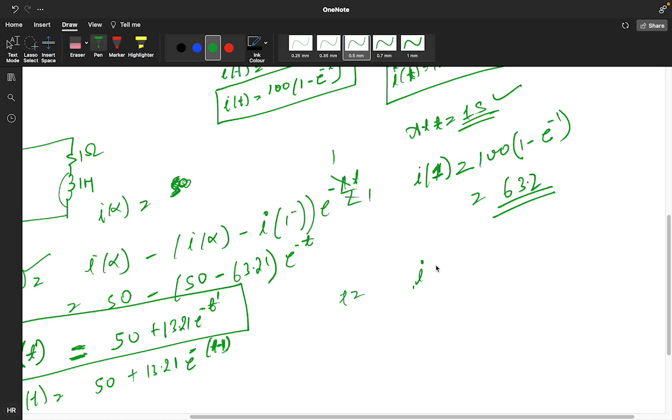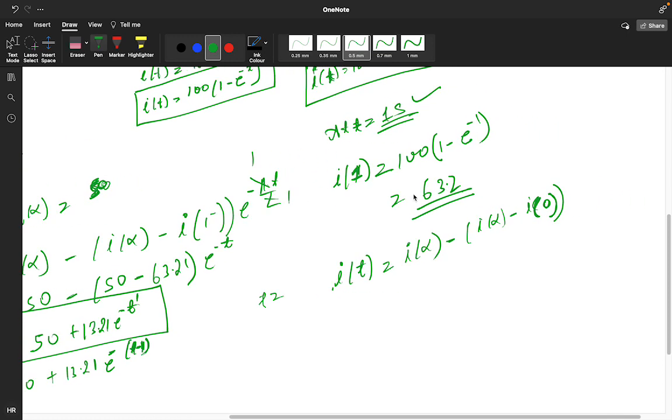So how was the original circuit equation? I of t is equal to I of infinite minus, I of infinite minus I of 0, times e power minus Rt by L. This is the original circuit.